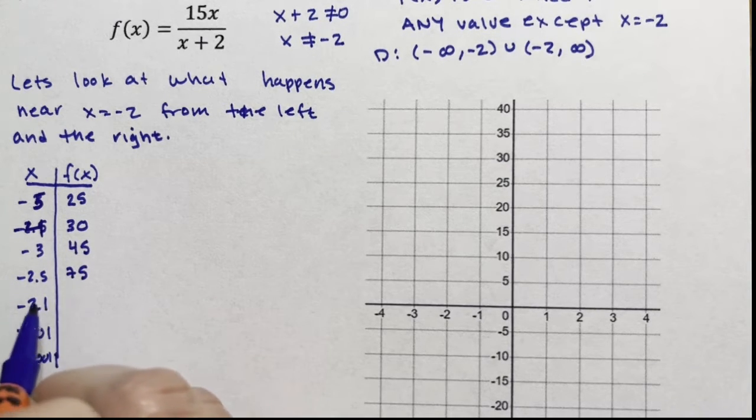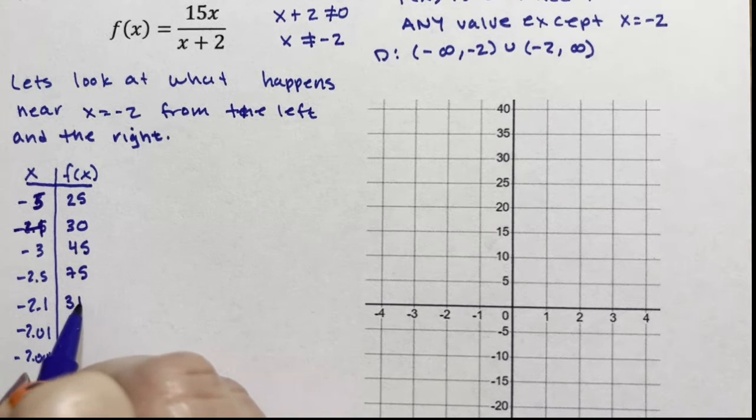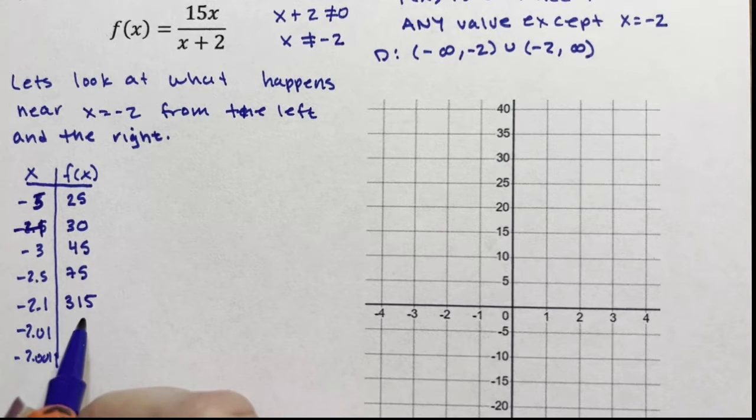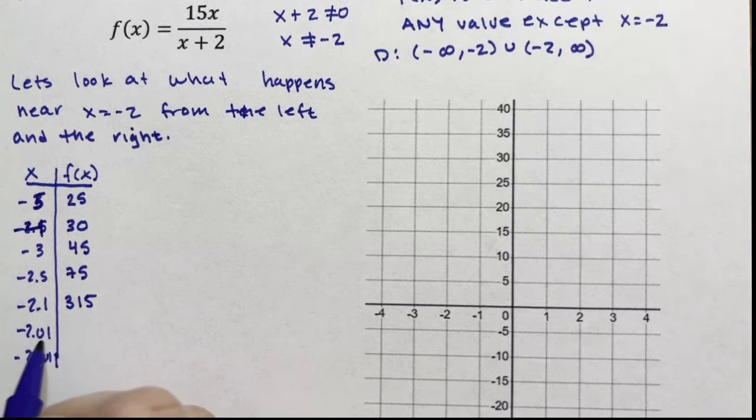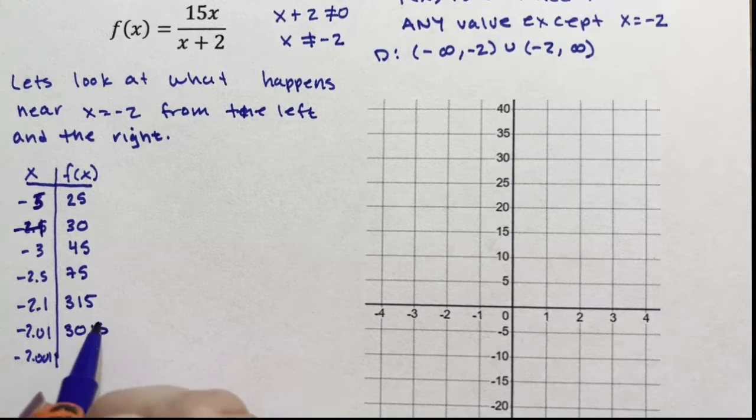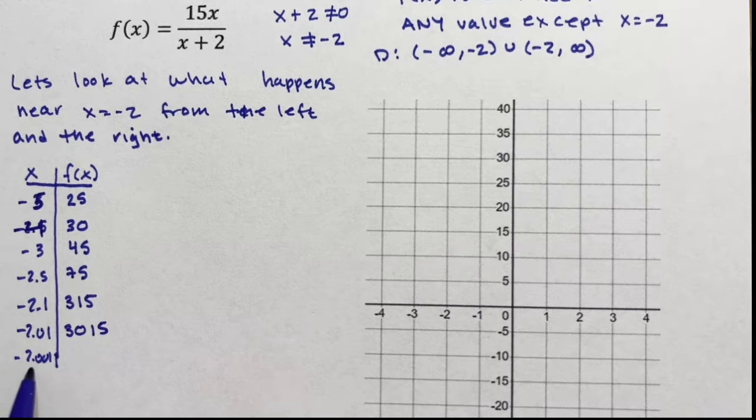If we put in negative 2.1, we get 315. This is where the numbers start to get fun. If we put in negative 2.01, we get 3,015. If we put in negative 2.001, we get 30,015.